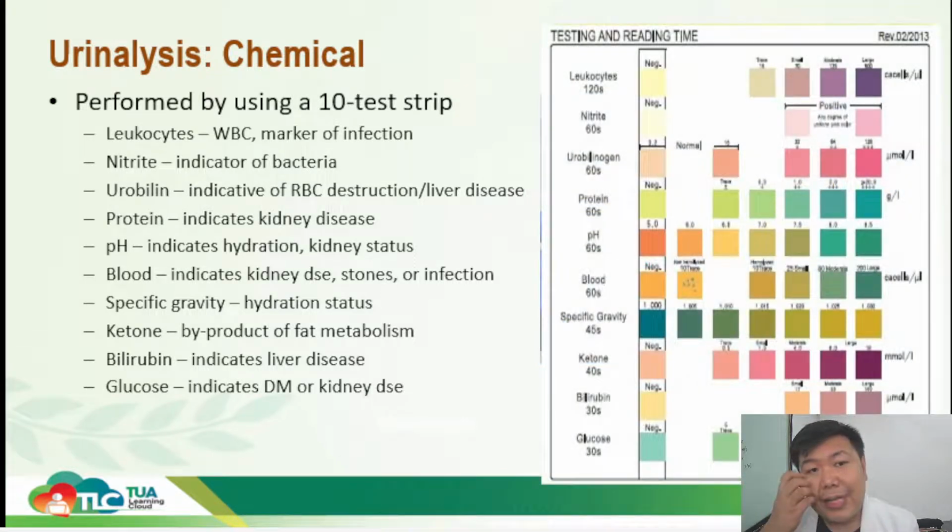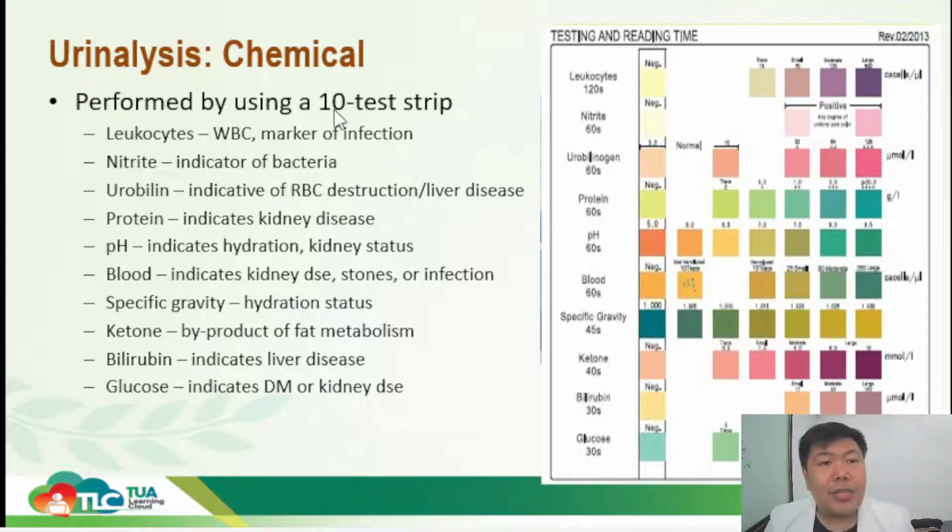This is how it looks. We hold the strip against this reading, and that's where we get the values. Is the leukocyte result negative, or is there a trace, moderate, or large amount? So we base it on the color that will be produced on the test strip.